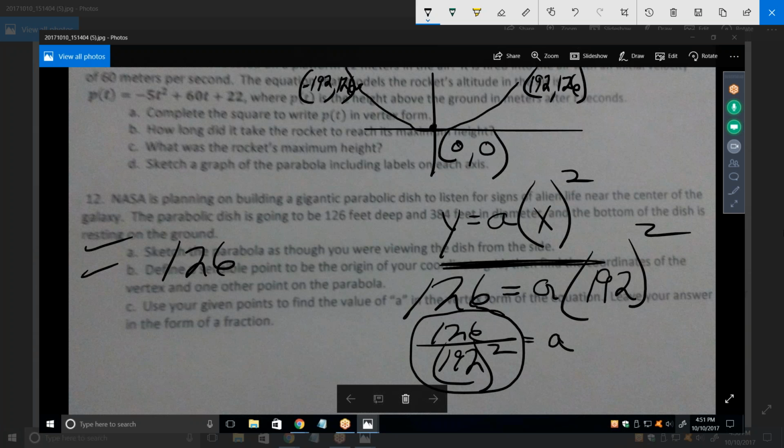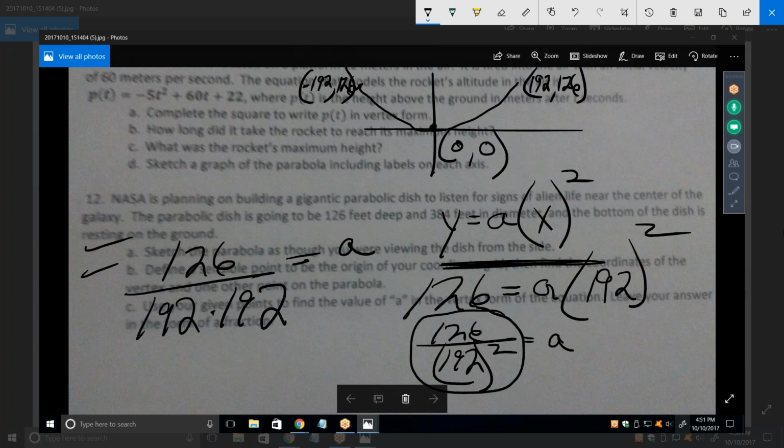Let's play with that a little bit because that's not so obvious what she means. That's what A equals. What do I do with it from here? Well, it's easier if you don't multiply out the denominator.